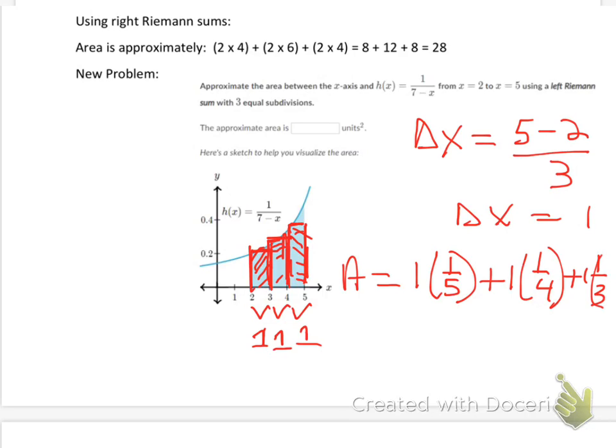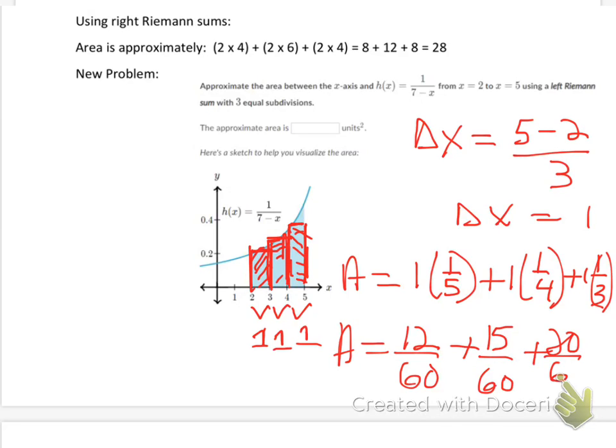So I now have my sum of my rectangles, which is an approximation for the area under the curve. So I have 1/5 plus 1/4 plus 1/3. To figure out the area, I believe the least common multiple would be 60. So my area is going to be, let's turn the first thing into 60, so it's 12 over 12 times 1/5, that's 12 over 60, plus 4 goes into 60 15 times, so 15 over 60, plus 20 over 60.